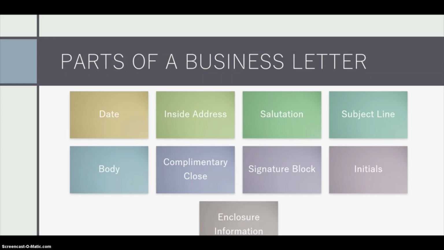The basic parts that are supposed to be in a business letter are the date, inside address or the receiver address, salutation or greeting, subject line, the body, the content of the business letter, complimentary close, signature block, initial, and also enclosure.